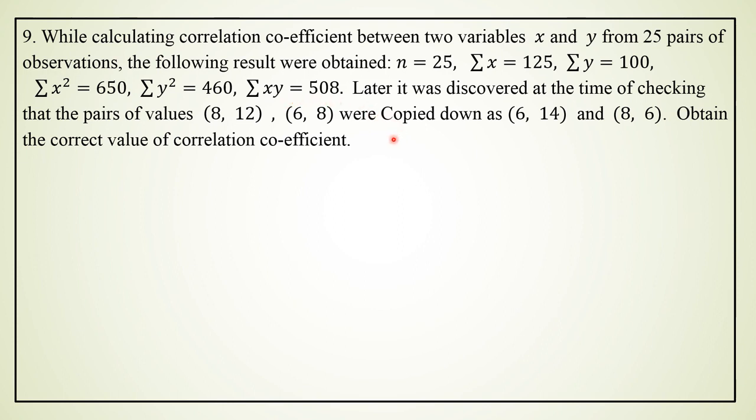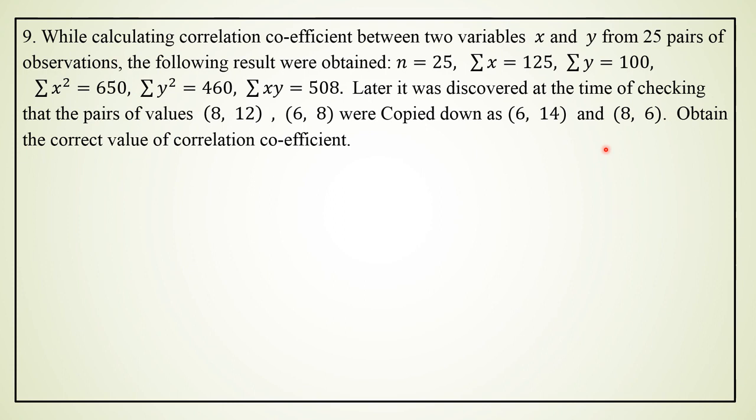Later, it was discovered at the time of checking that the pairs of values 8, 12 and 6, 8 were copied down as 6, 14 and 8, 6. Obtain the correct value of correlation coefficient.